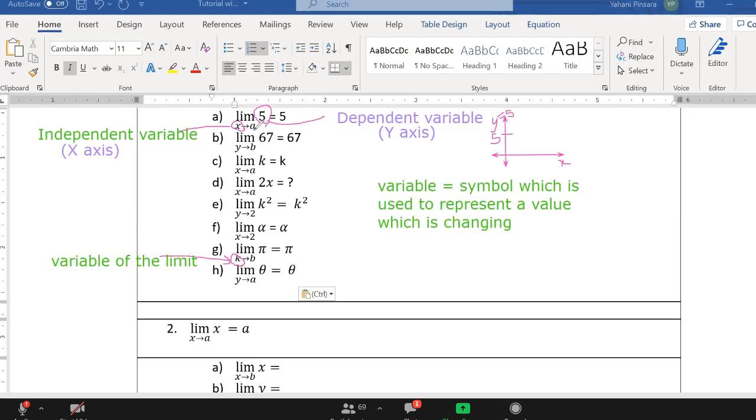So this x is denoted here, right? But this is the x-axis, capital X-axis, right? So if we apply the same thing to this one, what happens?